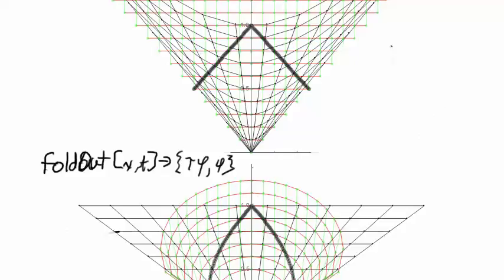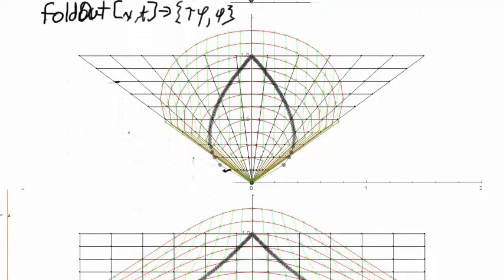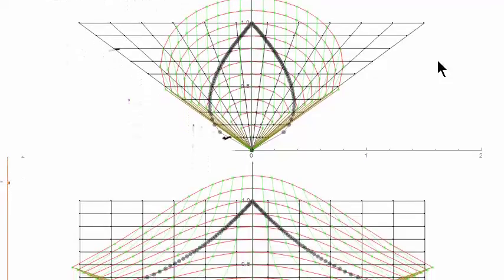Okay, so though this is not an isomorphism, I did give the function a name, fold out. So the fold out function takes x comma t to tau, phi comma phi, where tau is as I've previously defined them.